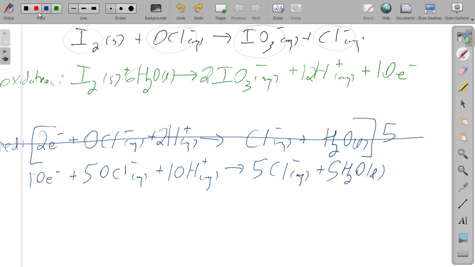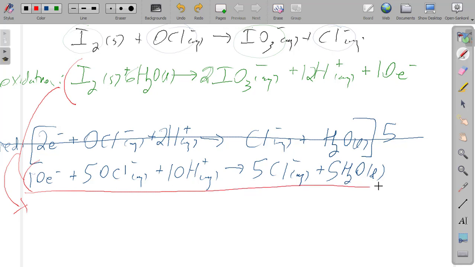So we need to algebraically combine this equation and this equation. Because now we can see what's the same goes away. The 10 electrons now can go away. And the only other things that we worry about are the water and the hydrogen. So again, we still had 1 iodine.